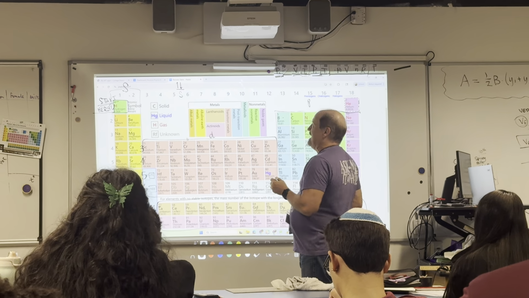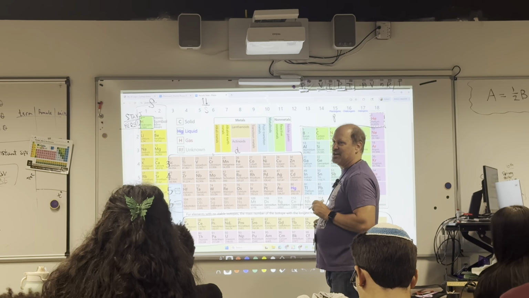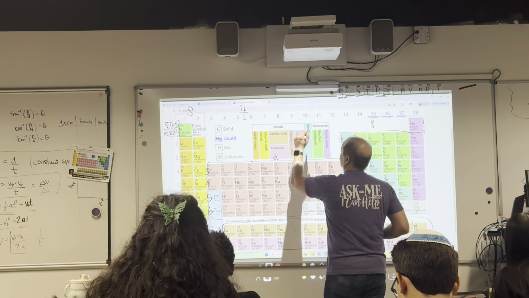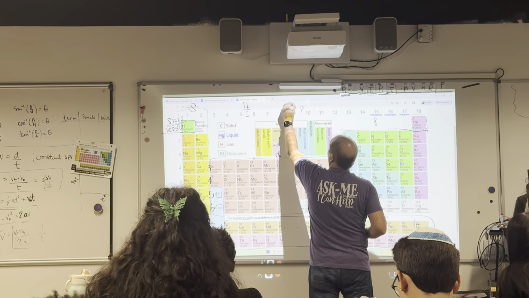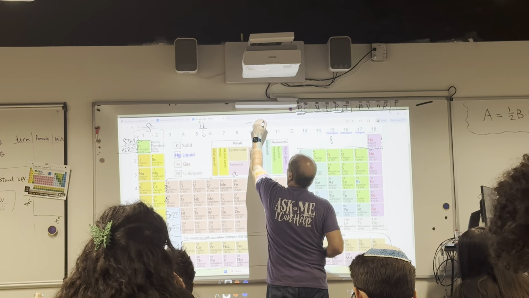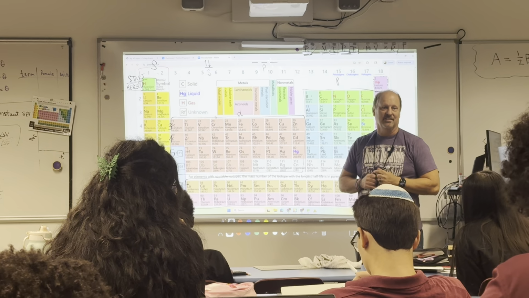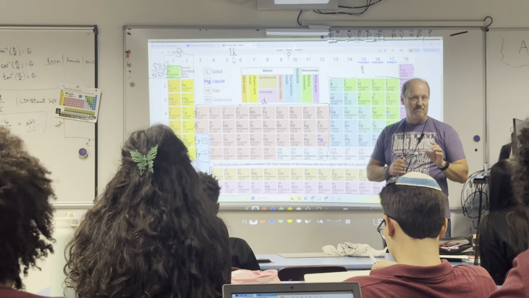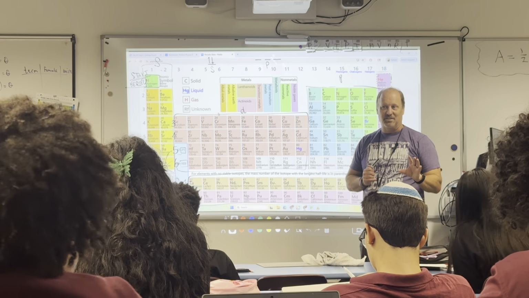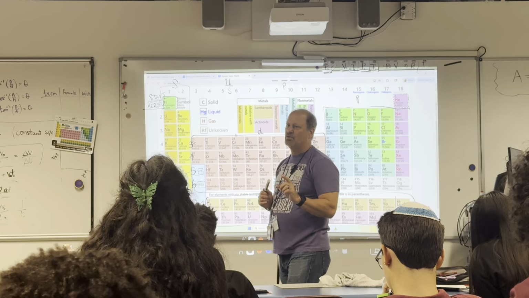Now, how many of you noticed how many electrons are in the p orbital? The p orbital can have a total of 6. Now, you guys remember when we did Lewis dot diagrams and I said, hey, Josh, don't tune out on me on this one.